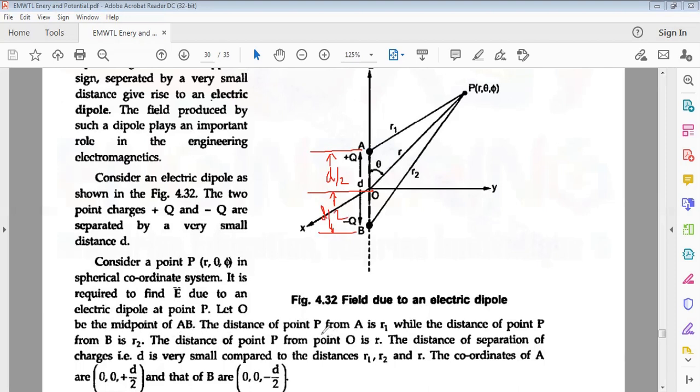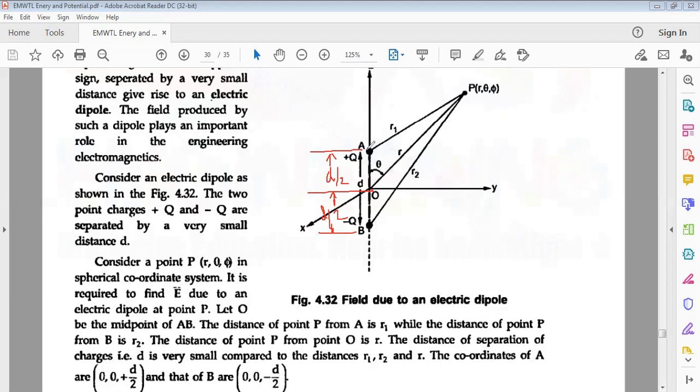The distance of point P from A is R1, the distance of point P from B is R2, and the distance of point P from the origin is R. The separation d between the charges is very small compared to R1, R2, and R.